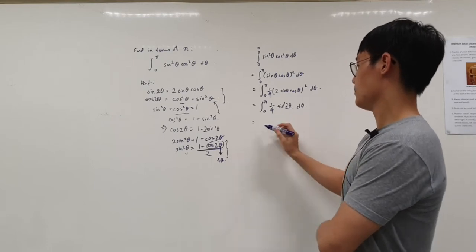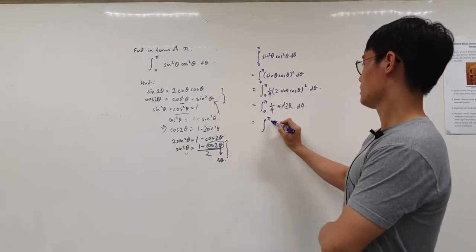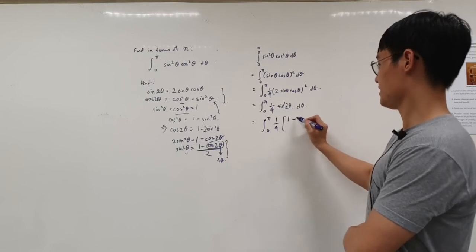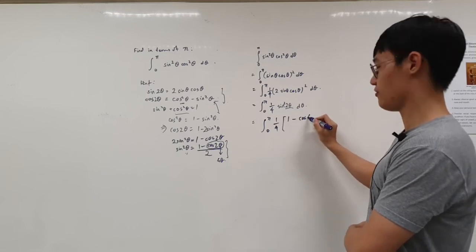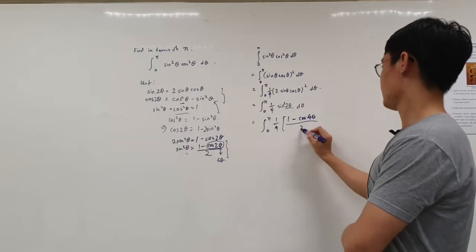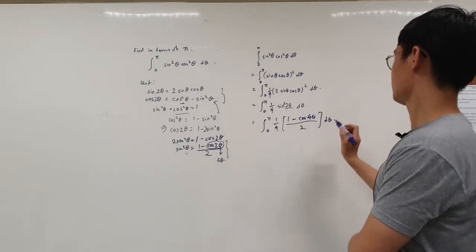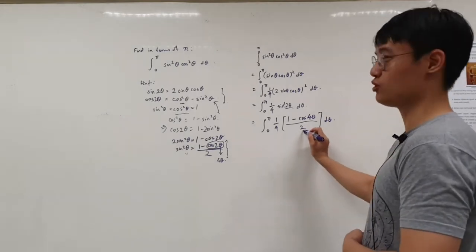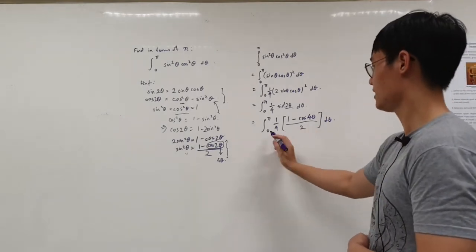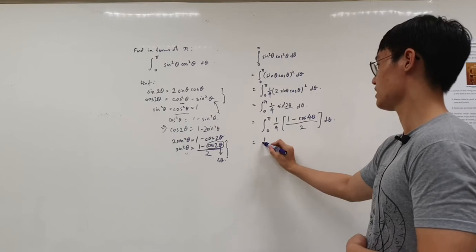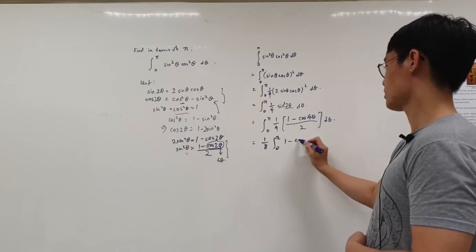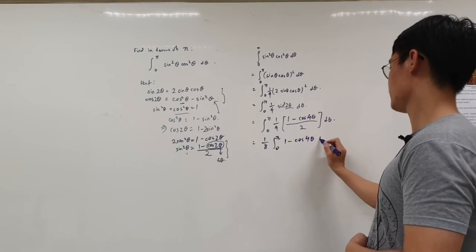So let's just write here: this is 1 minus cosine 4 theta divided by 2 d theta. Okay, so I can take out the 2 and multiply the 4 over, and take out the whole constant 1 over 8. From 0 to pi, 1 minus cosine 4 theta d theta.